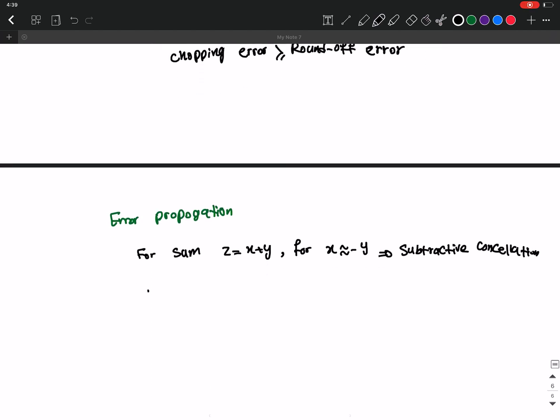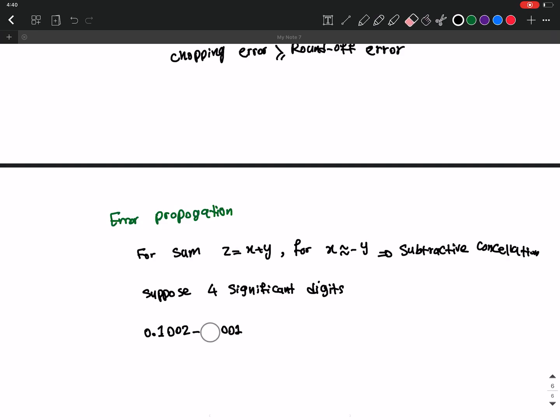So suppose four significant digits. We want to subtract 1001 from 1002, 0.00102.